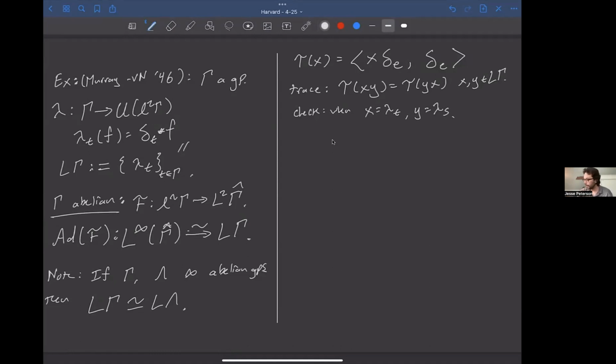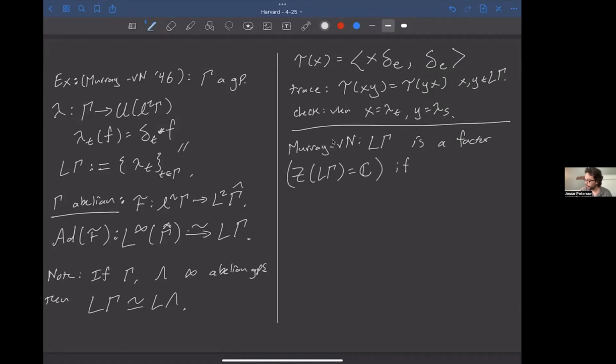And then as George mentioned, Murray and von Neumann, I already mentioned in the abelian case, this is abelian, but one thing they did is they also showed the extreme opposite. They showed that L gamma is a factor, meaning that the center of the algebra is just the scalars.